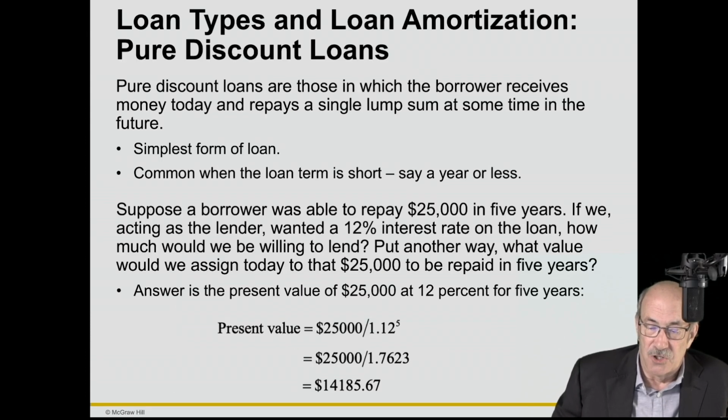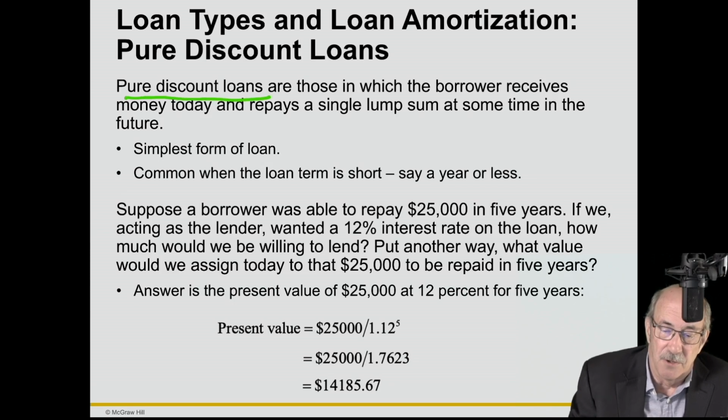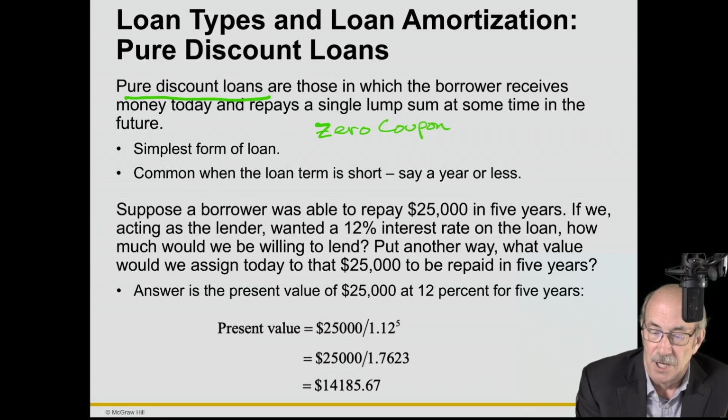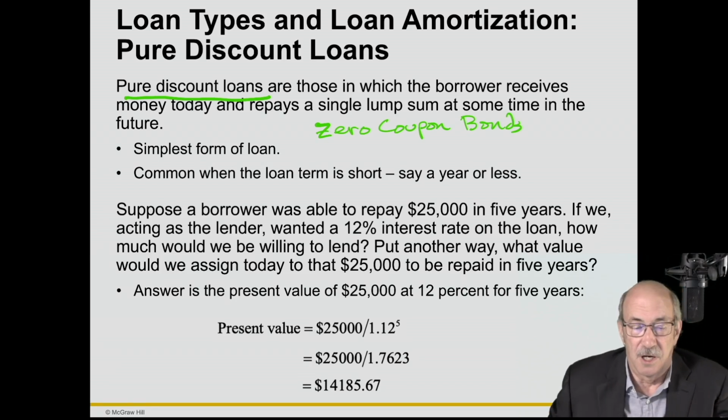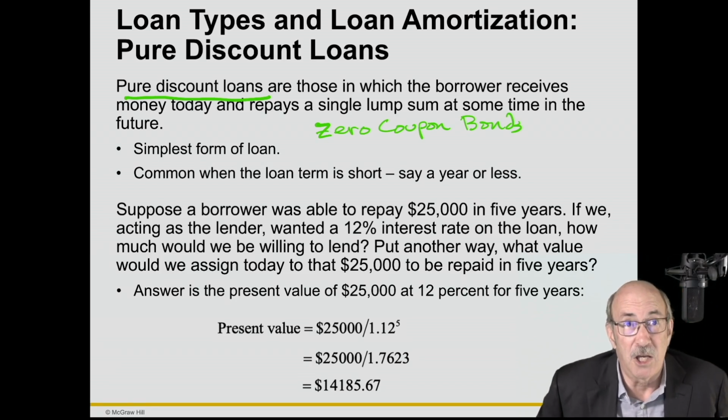Now we're going to get into different types of loans. So the first type that we're going to talk about is known as a pure discount loan. It's also known by a different name, zero coupon bonds. Zero coupons simply means they don't pay a coupon.